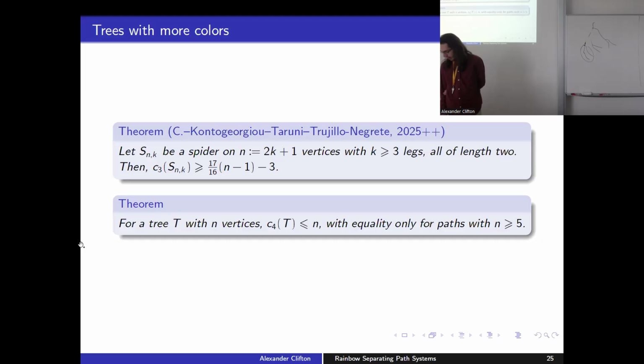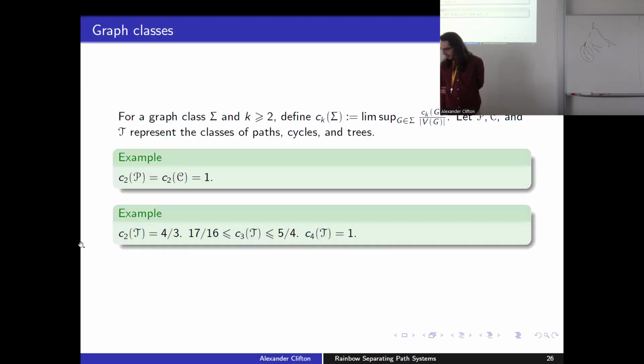So I will introduce some new notation at the end, which is essentially just saying ignore lower order terms. So we have the CK for a graph class, and if you consider bigger and bigger graphs in this graph class, what's the worst case scenario in terms of the ratio of CK of the graph divided by the number of vertices?